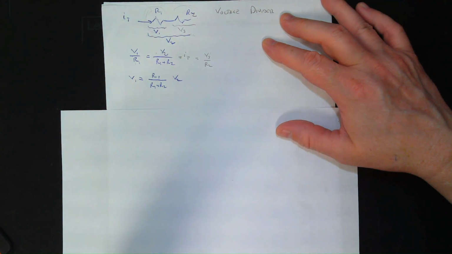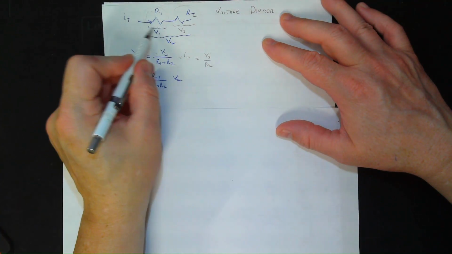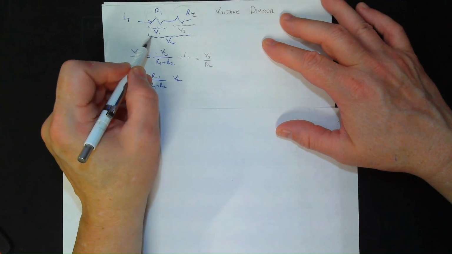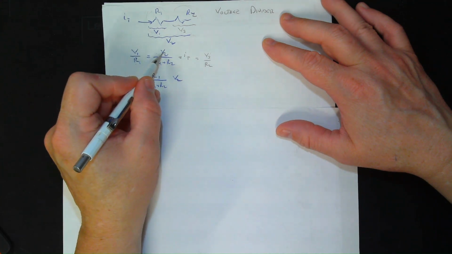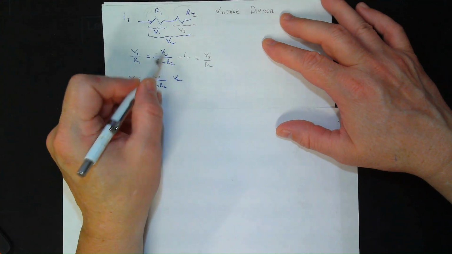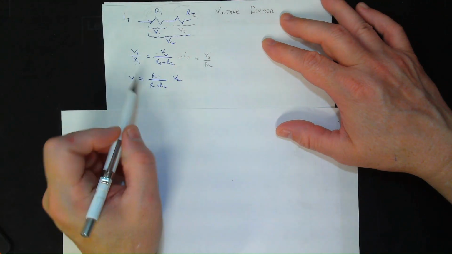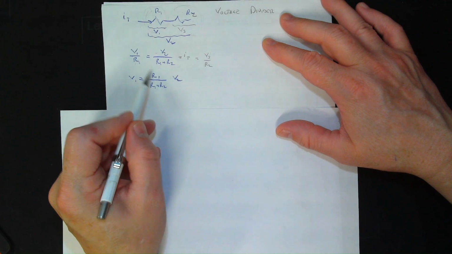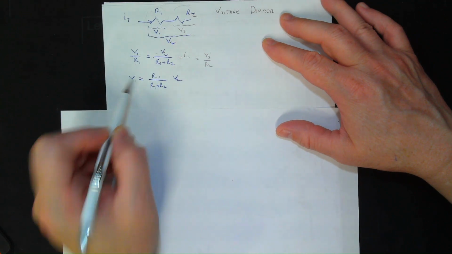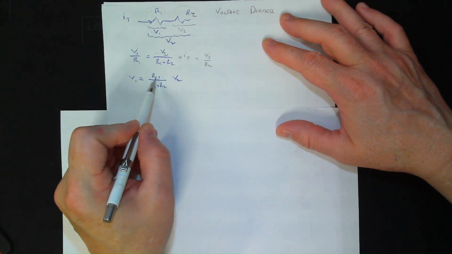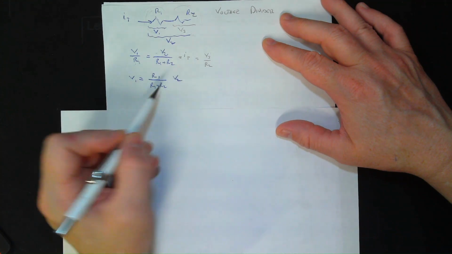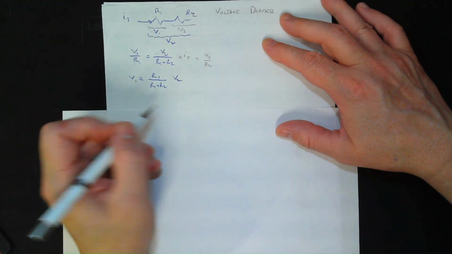Now, if I want to get this voltage 1, I can get it relative to 2 because voltage 2 divided by R1 plus R2 is the current through here. So if I simply multiply by this R1 up front, I get the portion of the voltage across V1. So R1 divided by R1 plus R2 times V2.